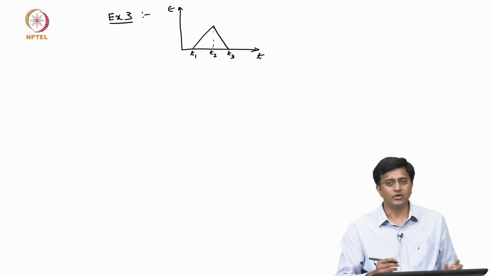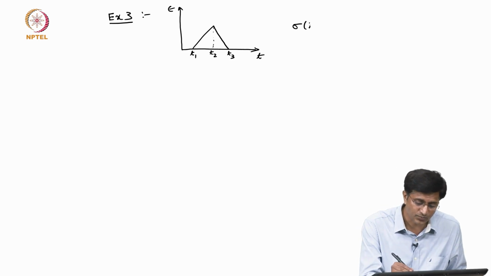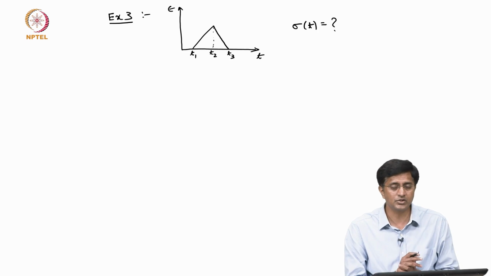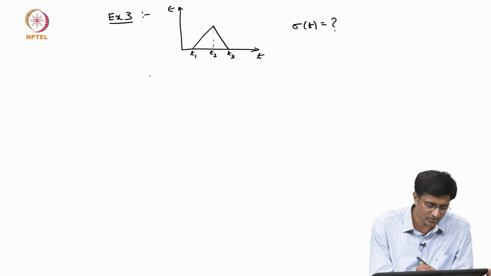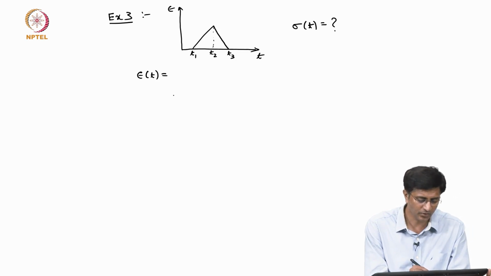So, for this kind of input, if we were to find the stress response, how do we find? Earlier we have shown that we can use the superposition principle. So, once we use the superposition principle, then we should be able to write this input as, how do we write?